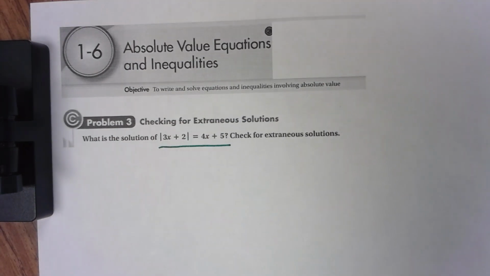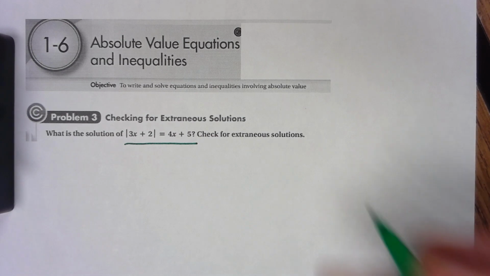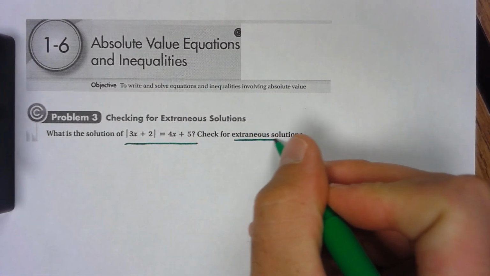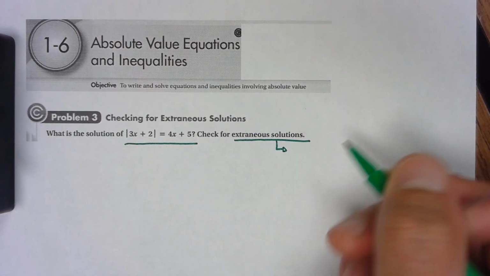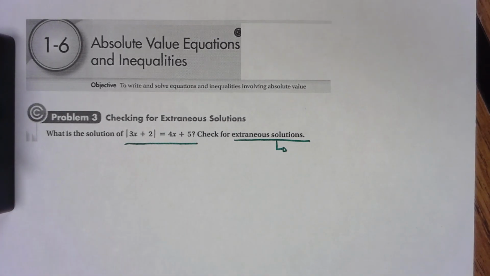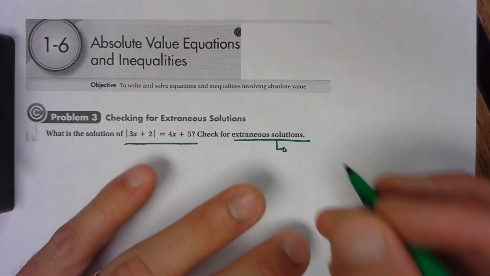One thing that it says in our directions is to check for extraneous solutions. An extraneous solution is an answer that we solve for, but it's not actually a solution. So it feels weird because you're like, I get this answer, but it doesn't actually make the equation true.